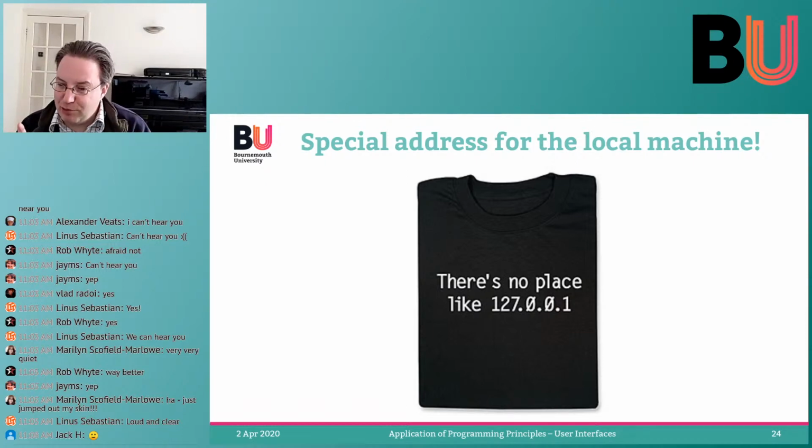Well, on localhost. Hopefully you remember from your networking that the special address 127.0.0.1 is a special reserved address for the local machine named localhost. That name is also always mapped to this address by default.